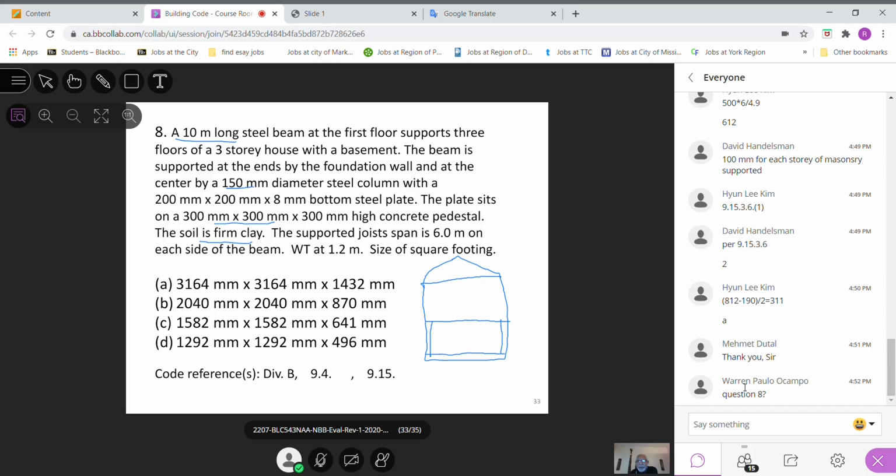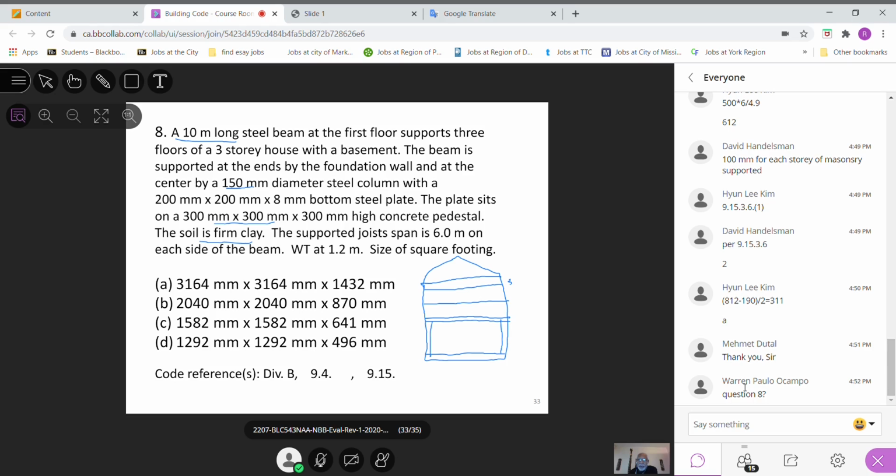I have 3 floors: 1, 2, low floor. That's 3 floors. 1, 2, 3. Okay, it supports 3 floors.